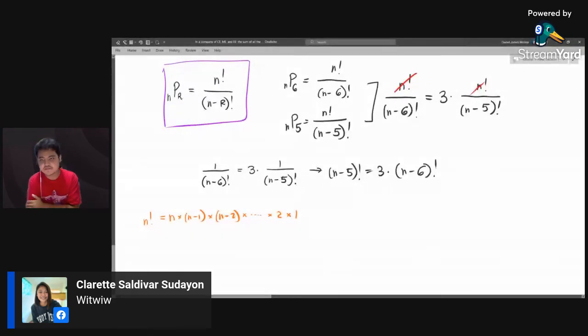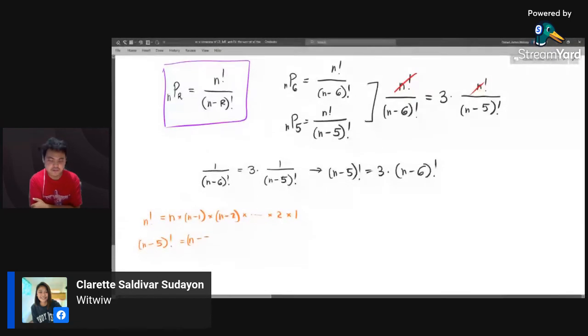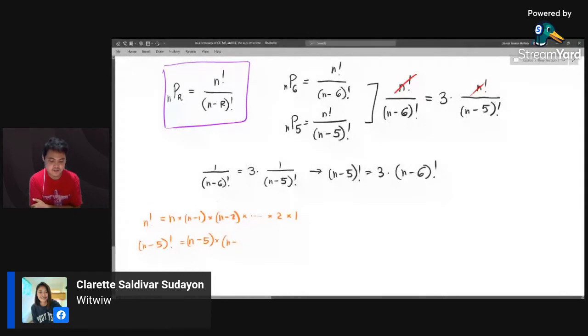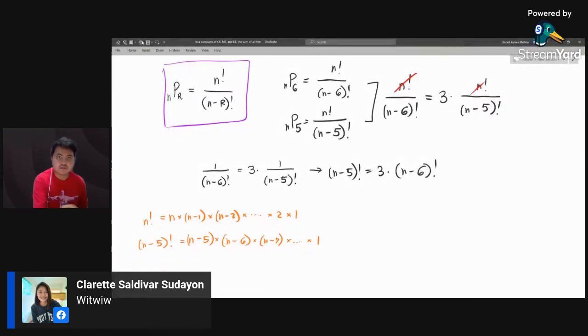Yes, di ba? So, therefore, for n minus 5 factorial, we have n minus 5. Siyempre, mag-start tayo kay n minus 5, no? Then n minus 6. Then n minus 7. Diba? Pabawas lang ng pabawas hanggang kay 1. Until 1. Okay.